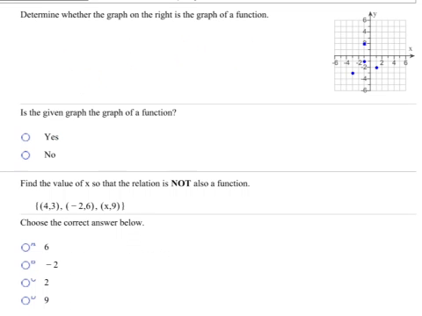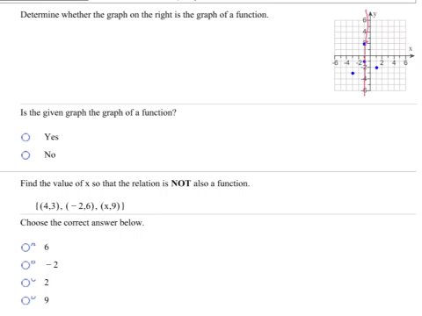5. Number 5 says determine whether the graph on the right is the graph of a function. Remember that the x values cannot repeat. So one easy test is called a vertical line test. Because remember, if we draw a vertical line, the x value will be the same. And if anywhere on our vertical line, 2 of the points cross our vertical line, then that means it's not a function.